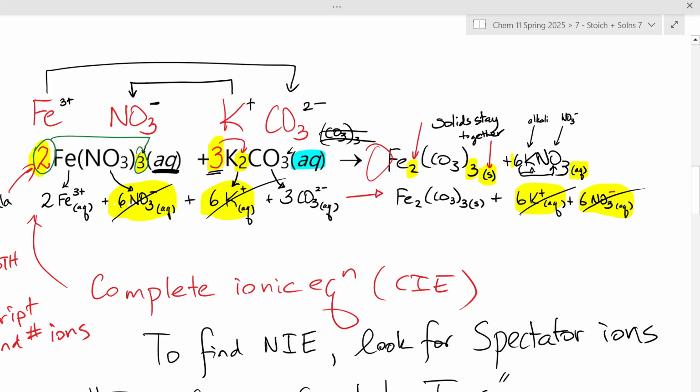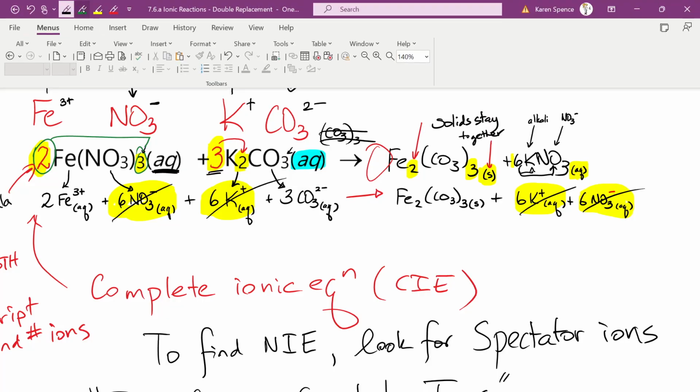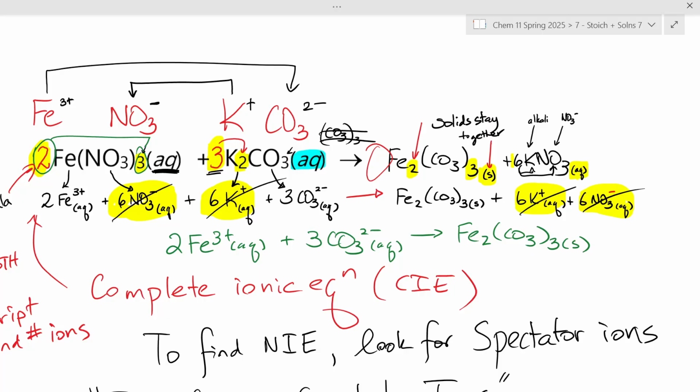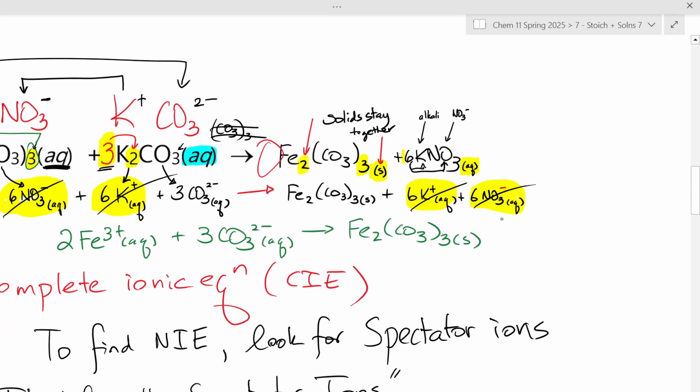And we are left with 2 Fe3 plus aqueous plus 3 CO3 2 minus aqueous goes to Fe2(CO3)3 solid. Whenever you write your net ionic equation, the only state you should have in the products is solid. And that is our net ionic equation.